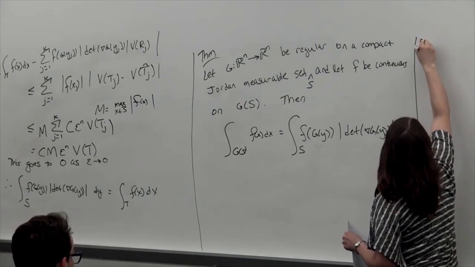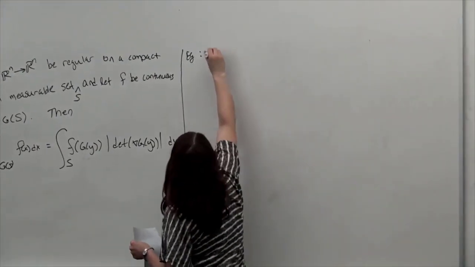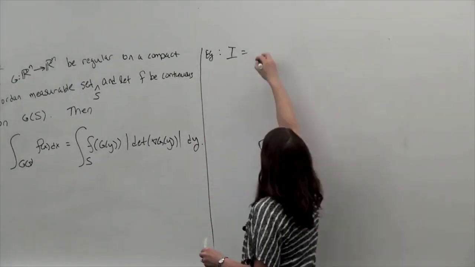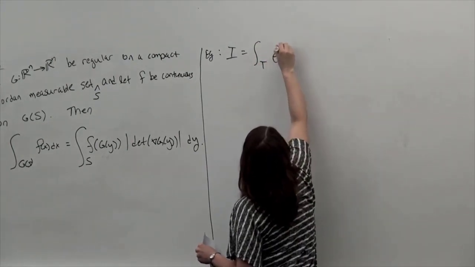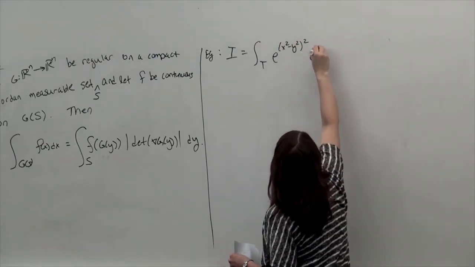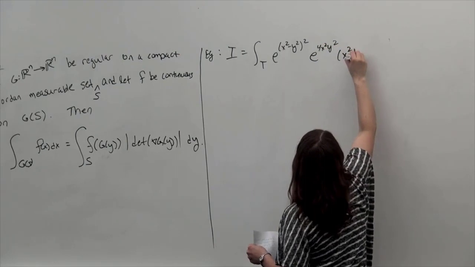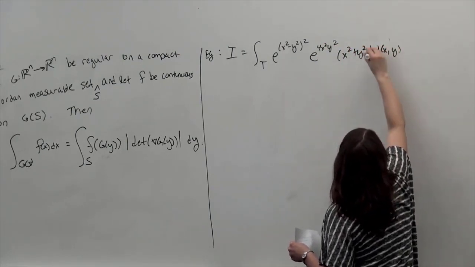Okay, so let's assume that the integral we want to do, I'm going to give it a name I, so that I don't have to keep writing the whole thing, is the integral over the set T of e to the x squared minus y squared, squared, e to the 4x squared y squared, times x squared plus y squared, dx.